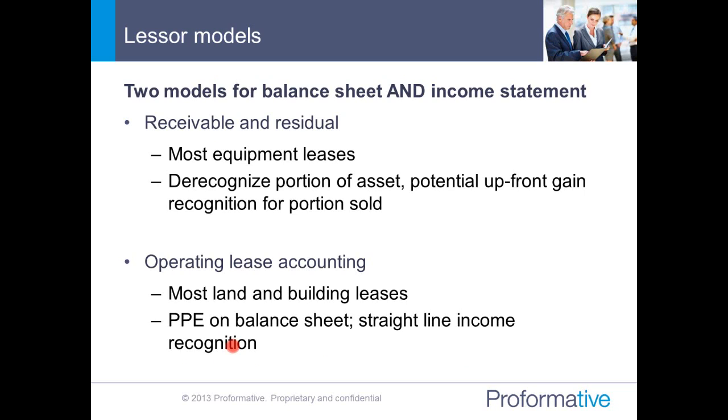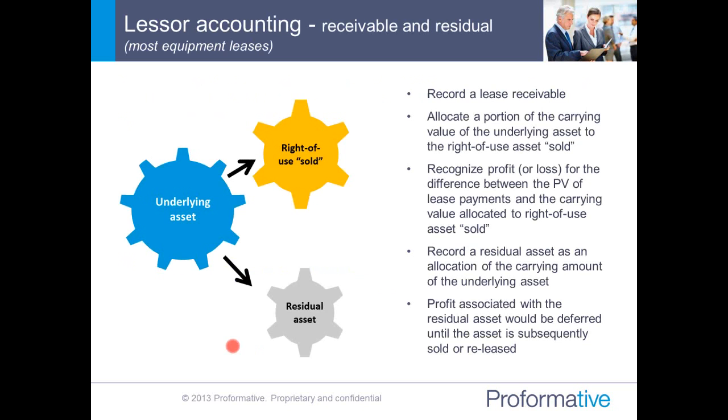The receivable and residual method is very similar to today's direct finance lease method, whereas the operating lease method is also similar to today's method, so there isn't a lot of change for lessors. I think I've already explained a lot of this already, so let's move to the next slide.